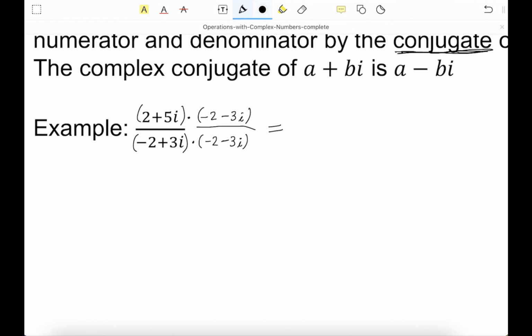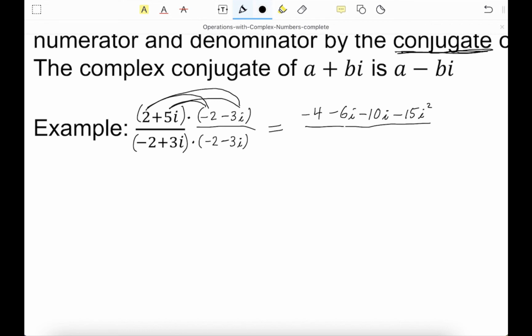And we'll do this. So the numerator, we just do normal multiplication. This involves FOILing. So this gives me negative 4 minus 6i minus 10i minus 15i squared.